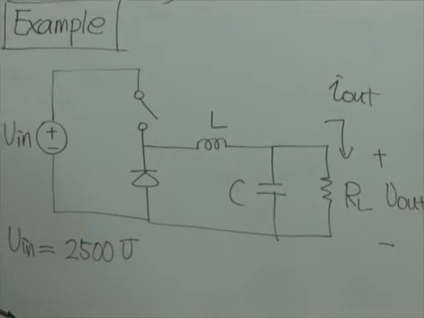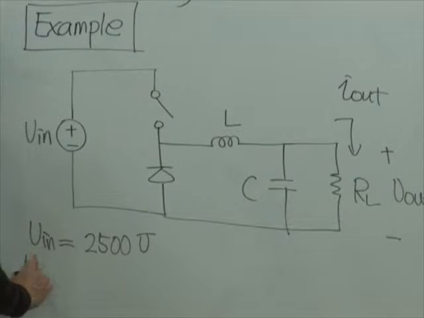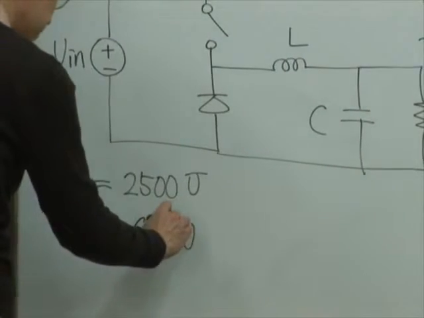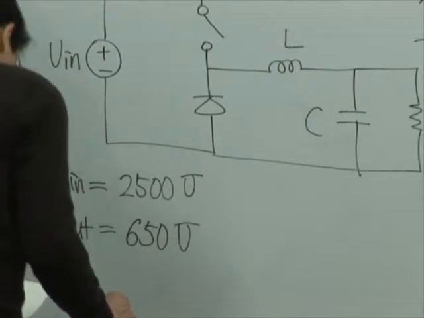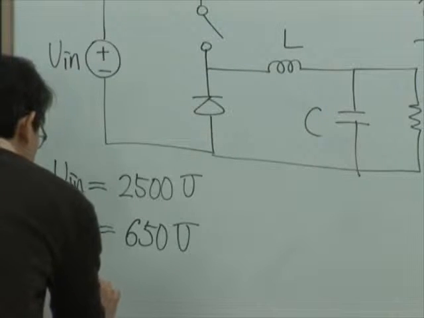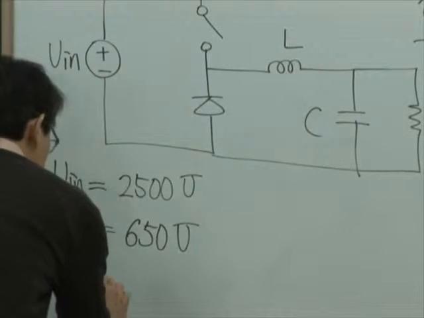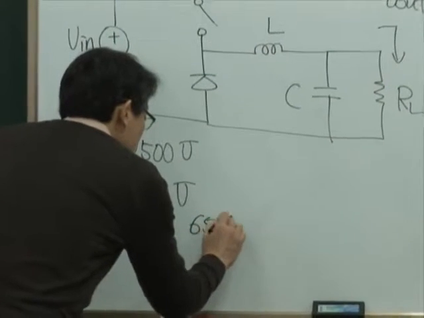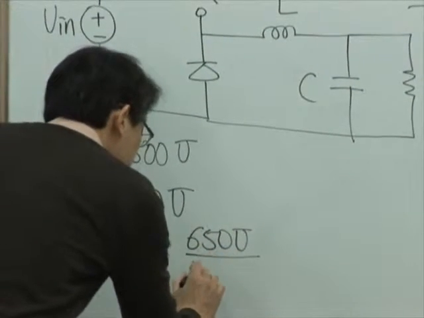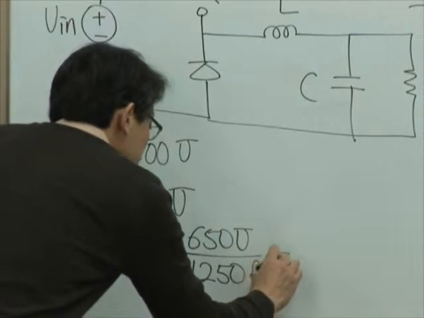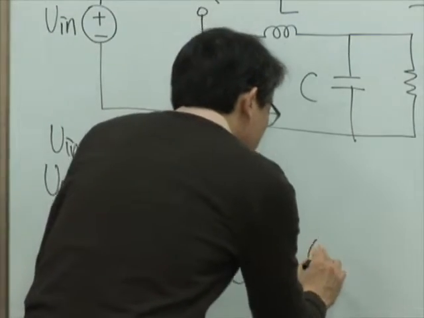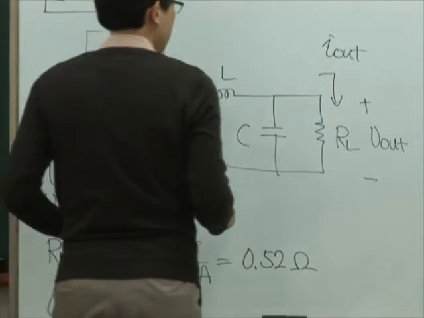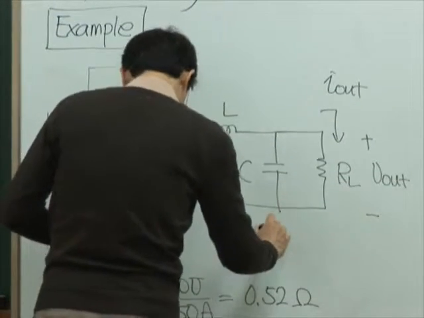Input voltage is 2500 volt and output voltage is 650 volt, and the rated load resistance is 0.52 ohm. L is given.